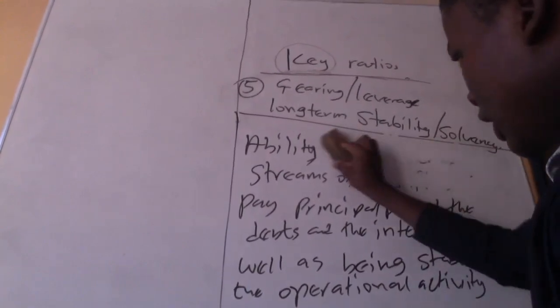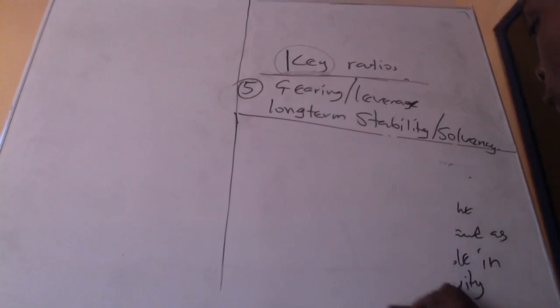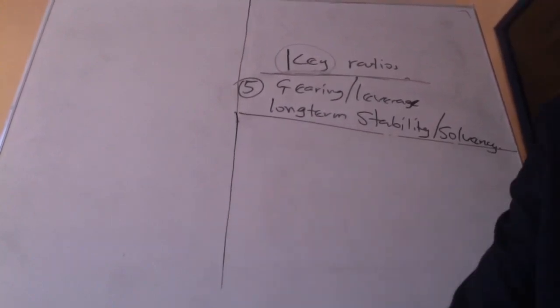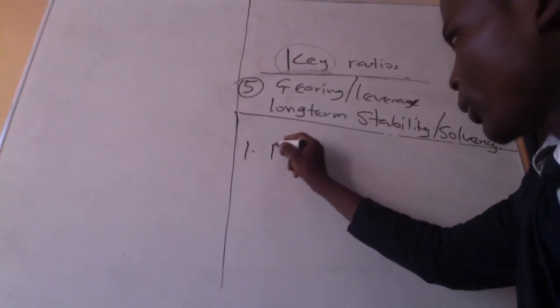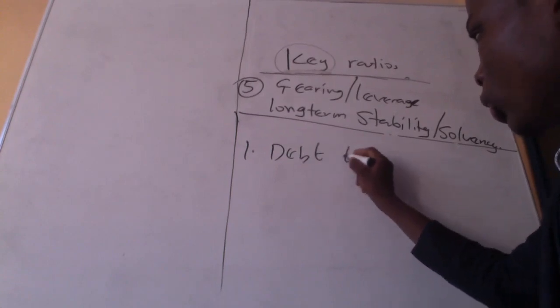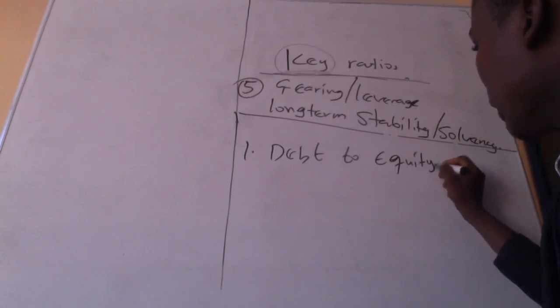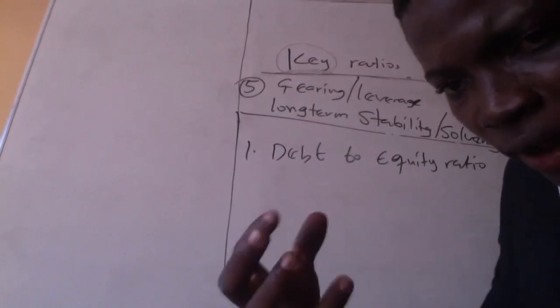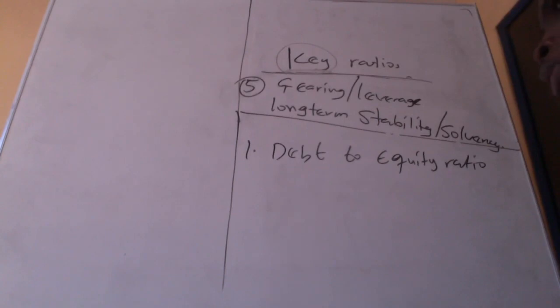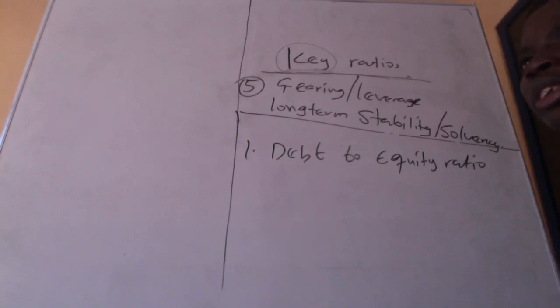Now that you know the gearing, let's go to some of the ratios. There are many, but basically I'll give you 4. So take notes. The first one I'll give you is the debt to equity ratio. This one measures the proportion of your debt to your equity, the part of your equity represented by debt.